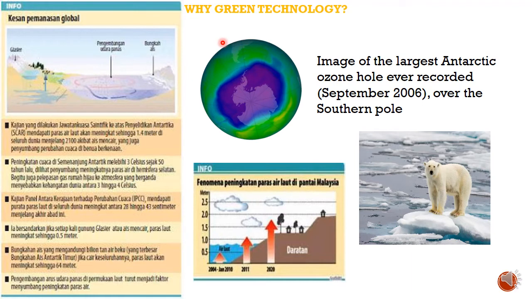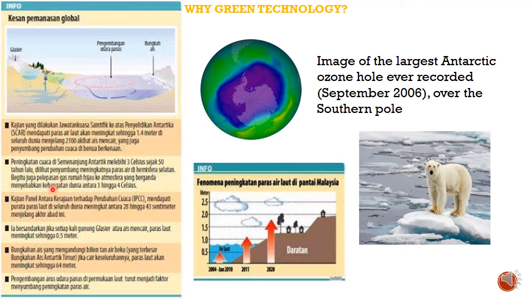Alright, this is what's going on, and this issue has been discussed for several years already. The seawater level is already increasing due to the increasing temperature, and this temperature increases due to greenhouse effect.